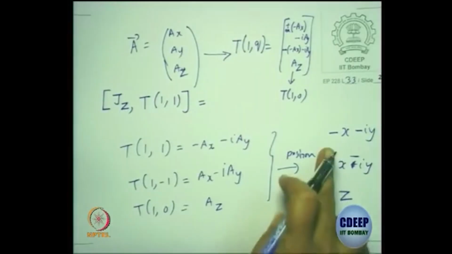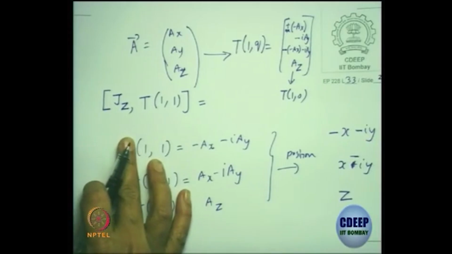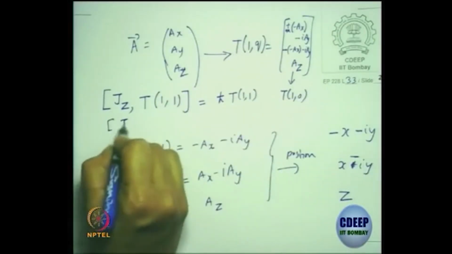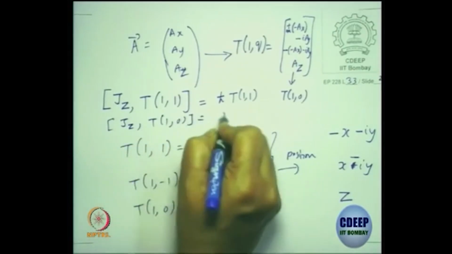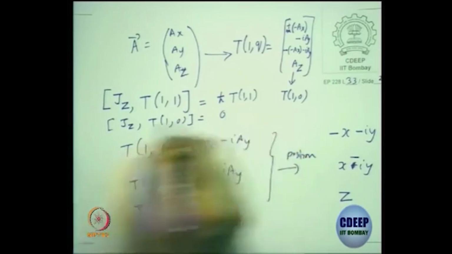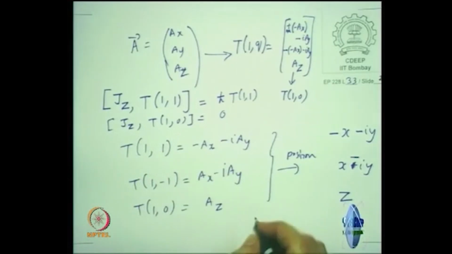So take it to be minus x minus iy and Jz and do the commutator. So T11 with h cross. What about Jz with T10? That is 0 times 0. Is that right? The Jz with this is 0. What about the last one?